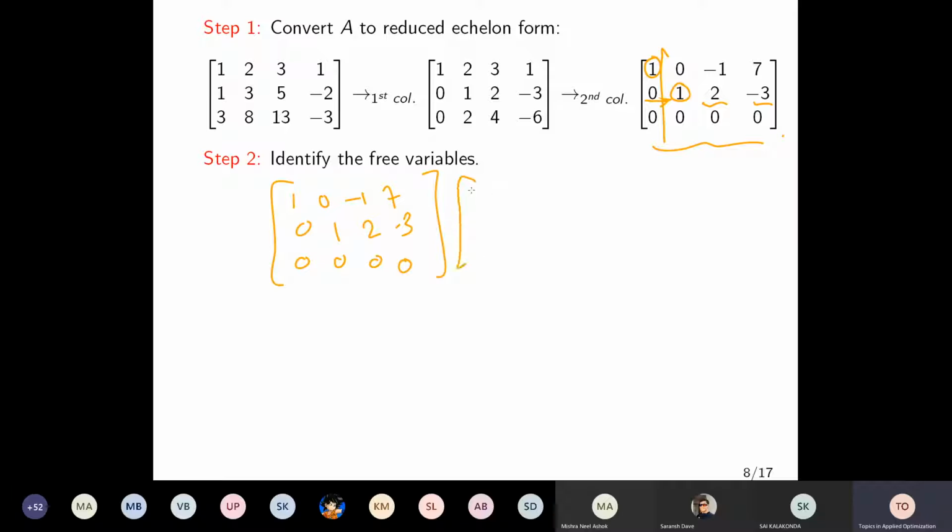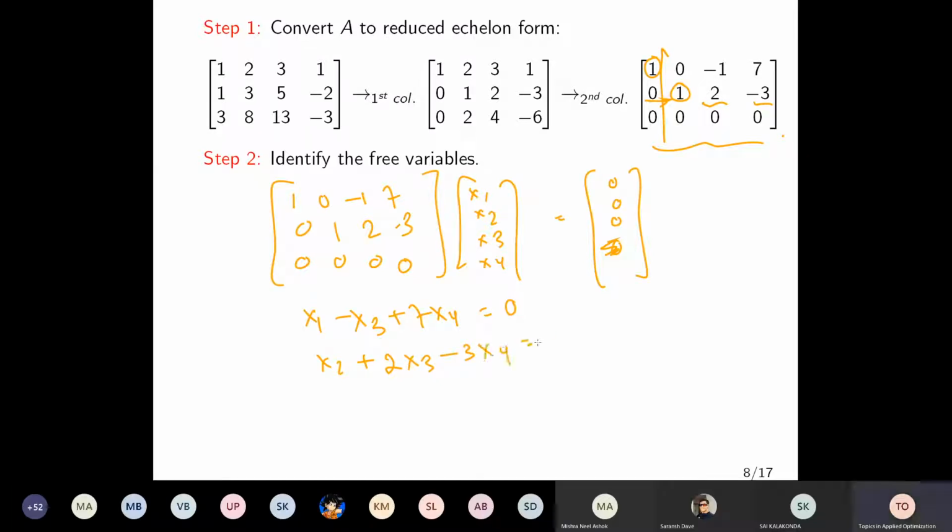The original problem was x1, x2, x3, x4, and the right hand side was 0, 0, 0, 0. If you write this down, then this is x1 minus x3 plus 7x4 equal to 0, and this is x2 plus 2x3 minus 3x4 equal to 0. And the last one gives us 0 equals 0.